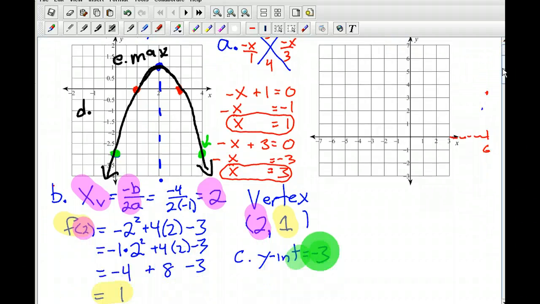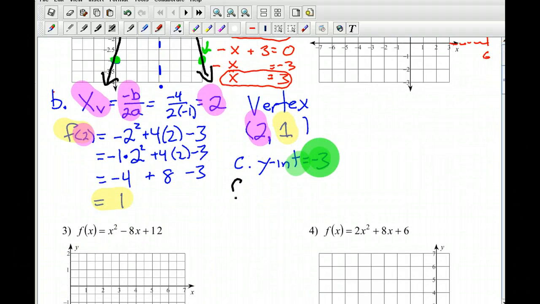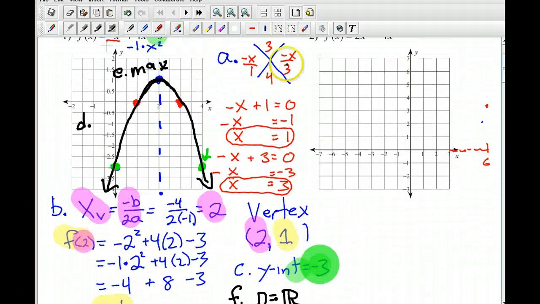What's the domain? Yeah, domain is going to be all reals. And use a special R with kind of two lines like that. That's all reals. Range. Look at the graph. Looking at the y values.